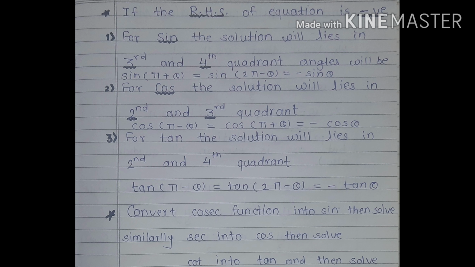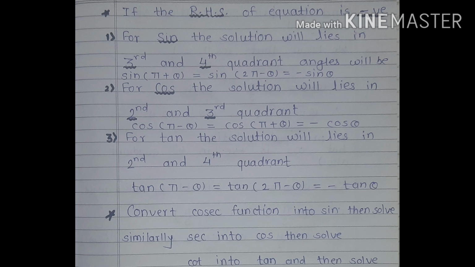And if the RHS of the equation is negative, for sine the solution will lie in third and fourth quadrant. Angles will be: sine of pi plus theta is equals to sine of 2 pi minus theta is equals to minus sine theta.